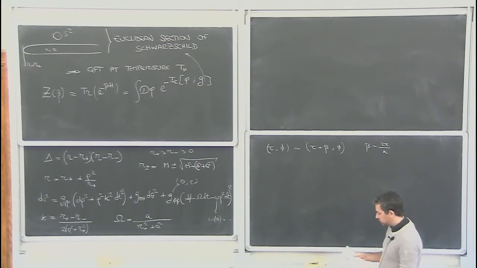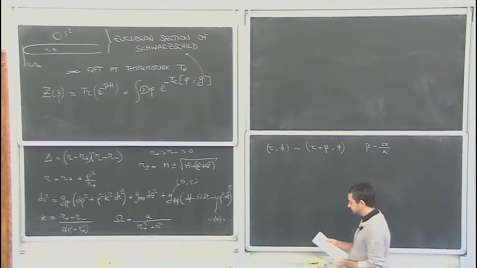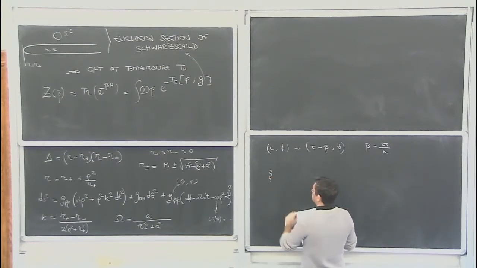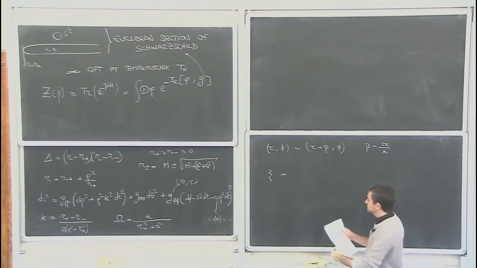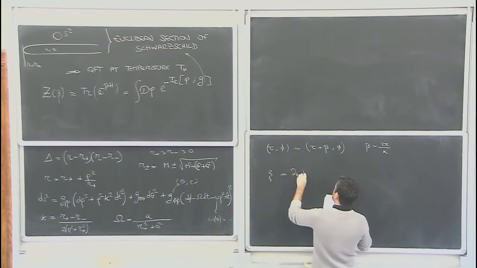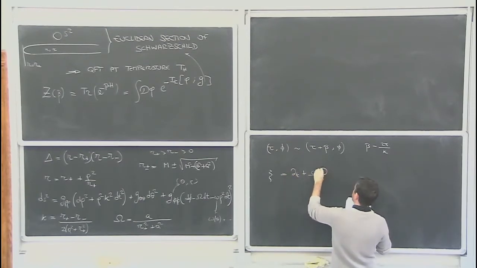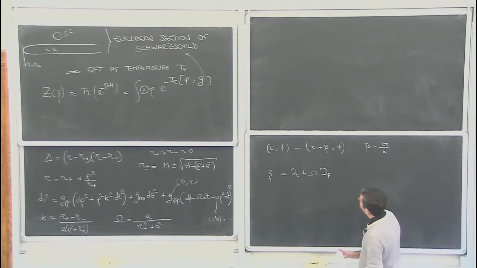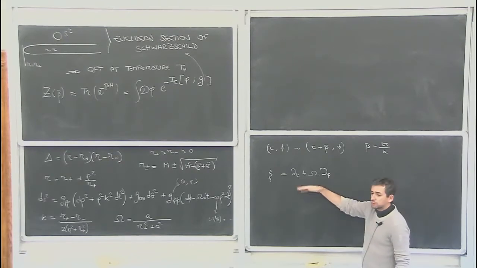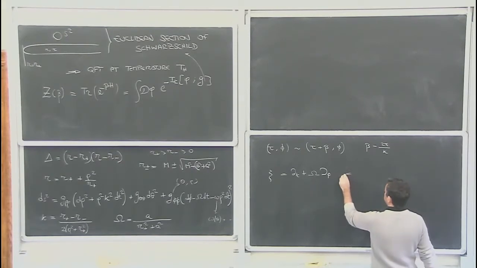But let's also observe that, remember, in Lorentzian signature we had this vector that becomes null at the horizon, which is dt plus omega d phi. This was the null Killing vector at the horizon. And okay, we can also continue this to Euclidean signature if we send t to minus i tau.